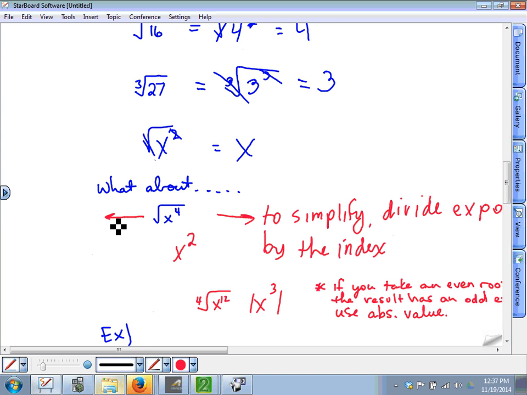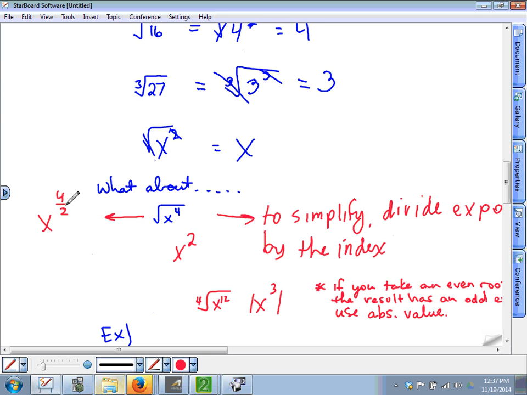Does anybody remember this from last year? This can be written like this. You remember that from last year? How do I know there's going to be a 2 on the bottom right here? Because the index goes on the bottom.